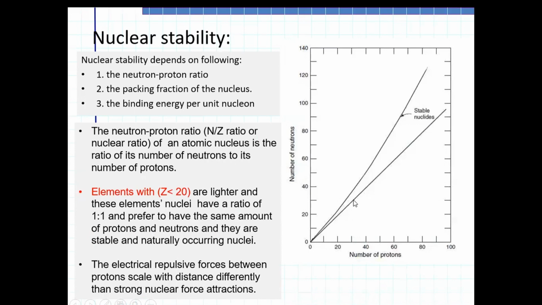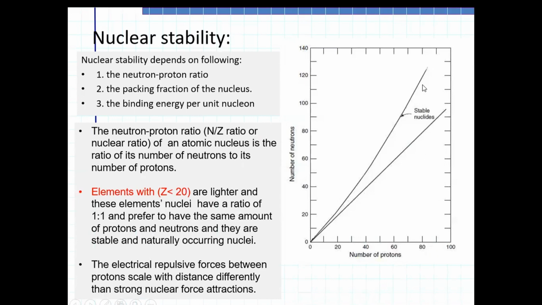So if we want to keep the attractive force dominating, then we have to have more neutrons and fewer protons. And that's why stability desires that the number of neutrons must remain larger as compared to the number of protons. And therefore, the gap increases for the large-sized atoms.